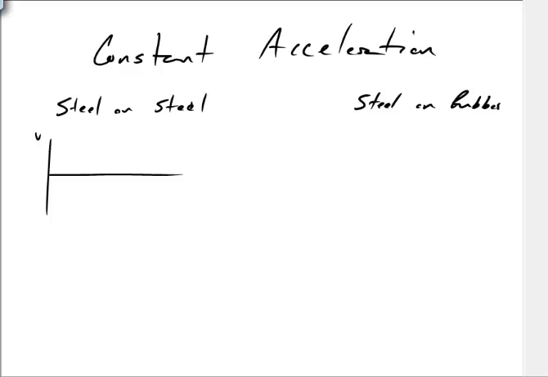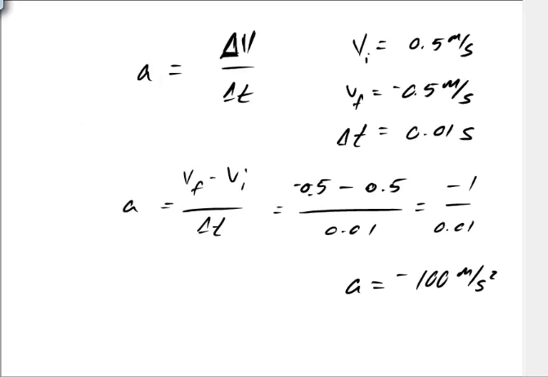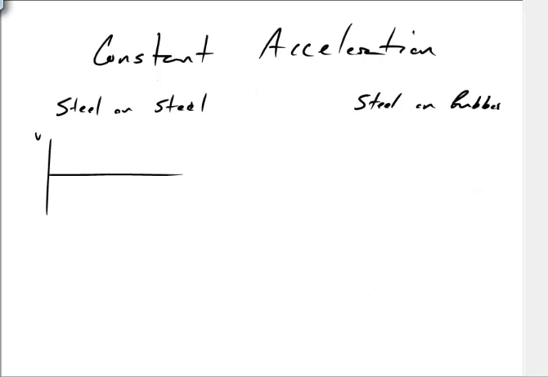If this is 0.01, this little hash line I made, it's got an acceleration with this kind of steepness, and I still didn't get it in that little tiny space because this is only 0.01 seconds.